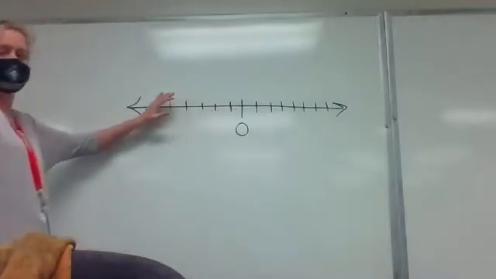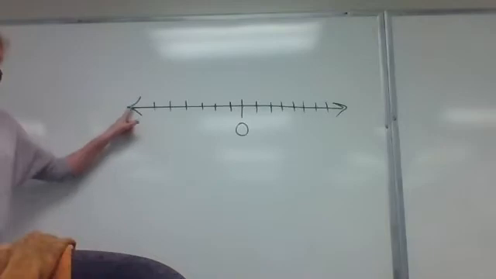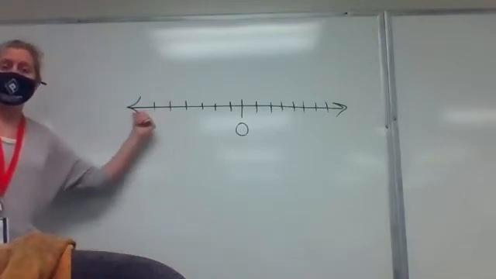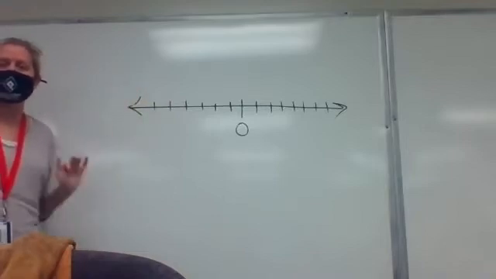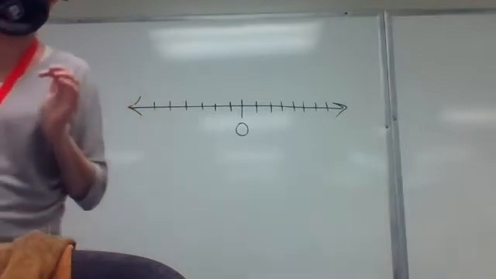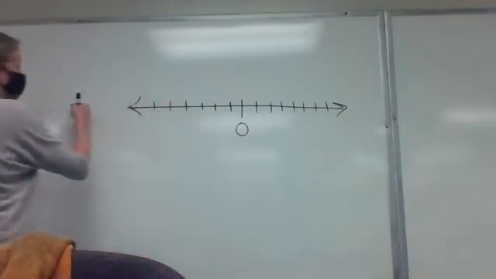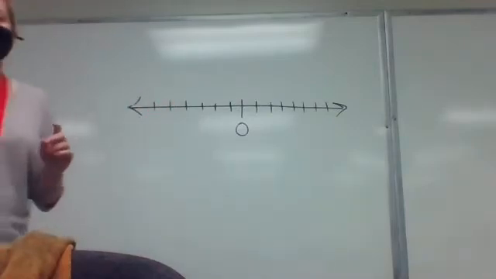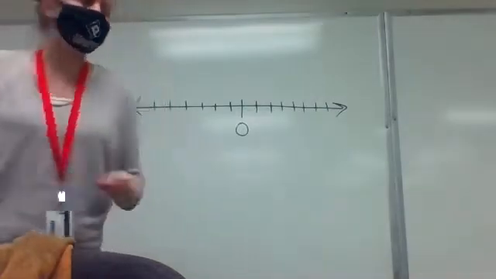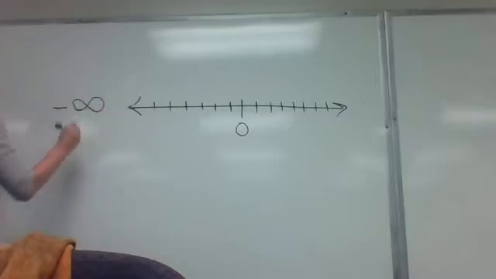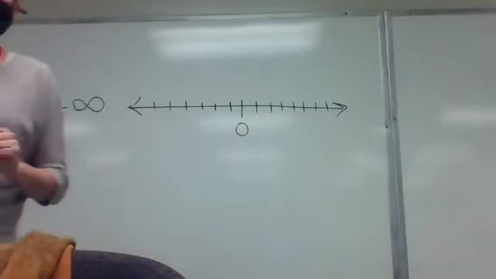This arrow right here means this number line actually goes forever. It doesn't have a stopping point. Okay? And when we talk about going one way forever, we are going an infinite amount of numbers. So when you're going to the left side of the number line, it goes all the way to what's called negative infinity.